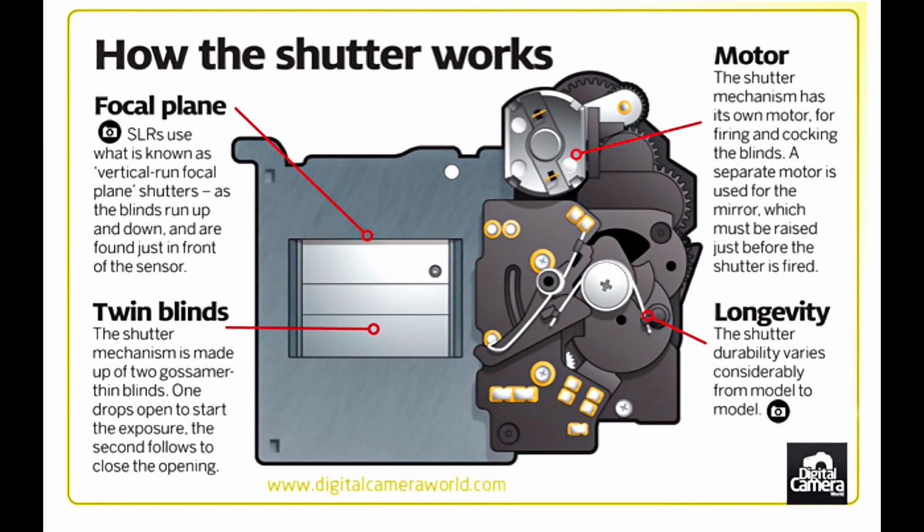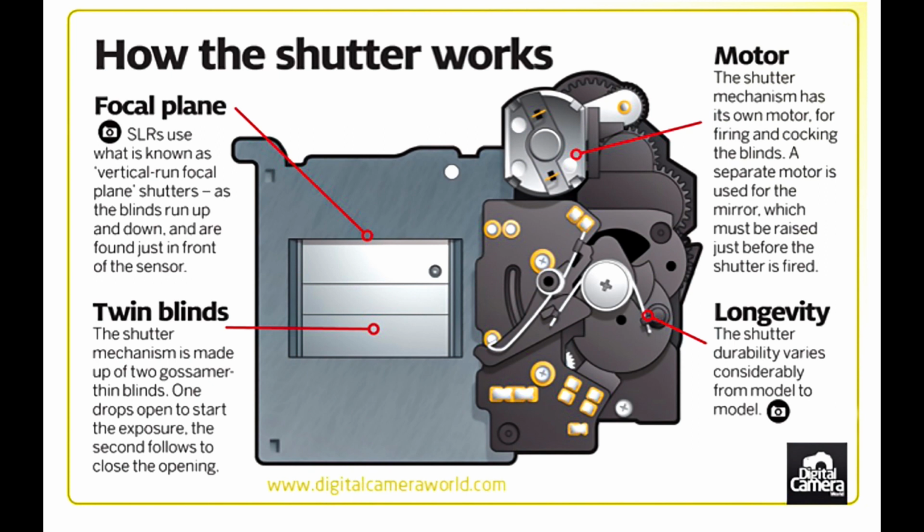In this image from digitalcameraworld.com, it gives you an insight into what it's like inside the camera when you're taking a shot. You can see it's like blinds. You've got twin blinds in the shutter mechanism.